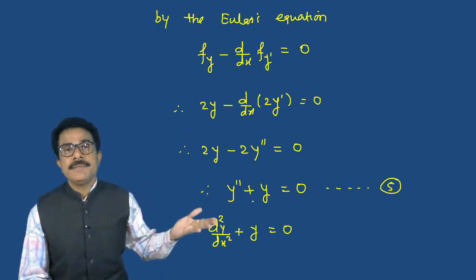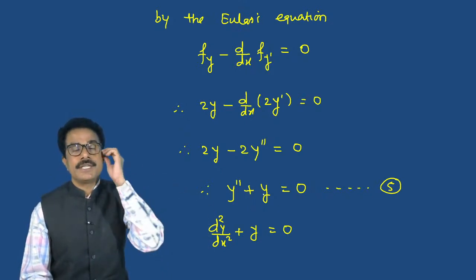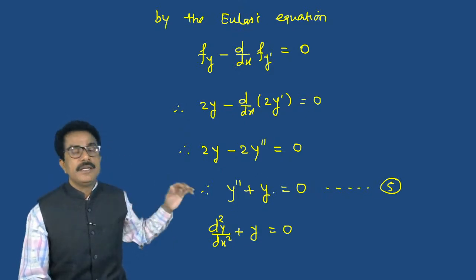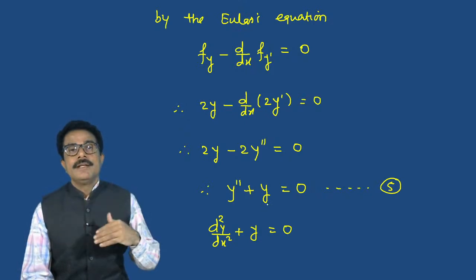We have studied this in M.Sc. first year. Who can tell me how to solve this differential equation? Already we have studied how to solve it in the first year.